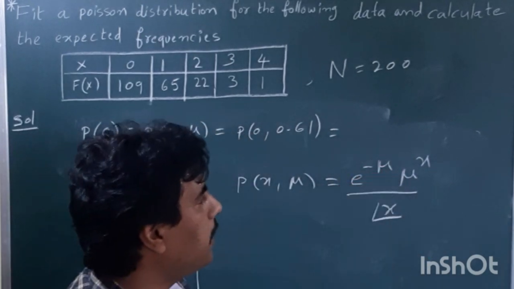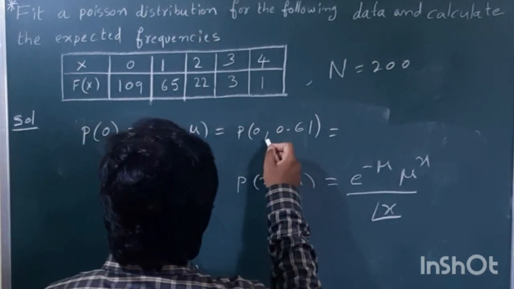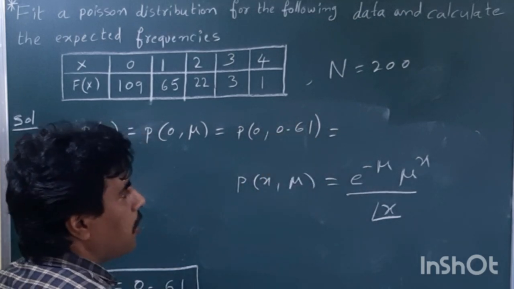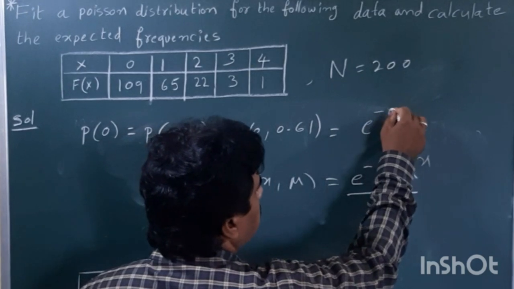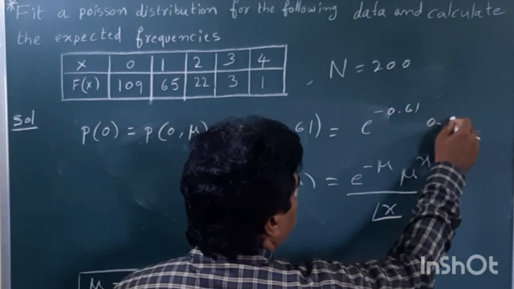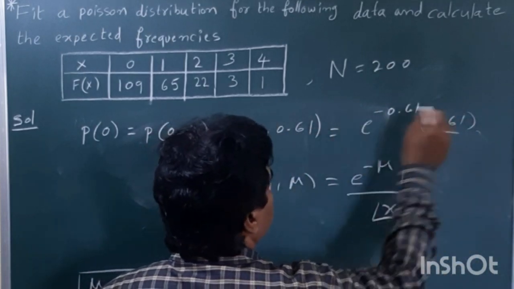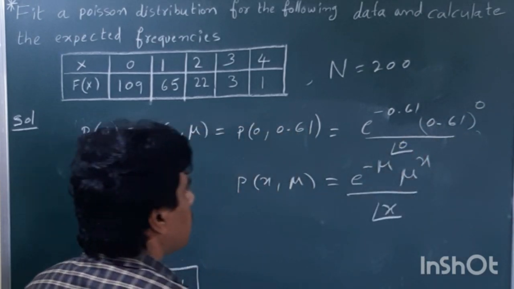Here mu is the mean, x is the number of successes. In this problem x is equal to 0 and mu is equal to 0.61, that is e power of minus 0.61 times 0.61 power of 0 by 0 factorial.